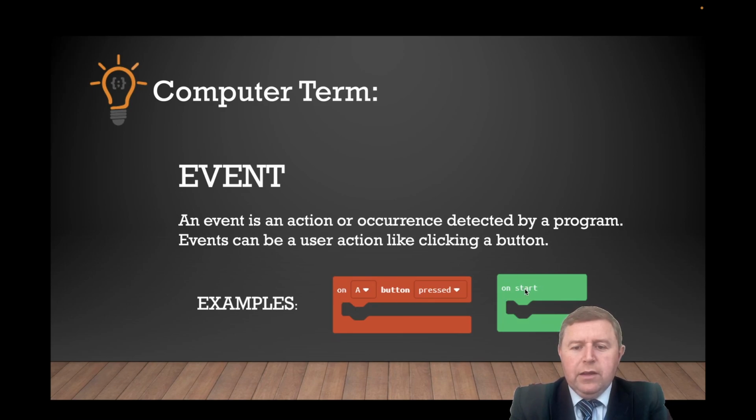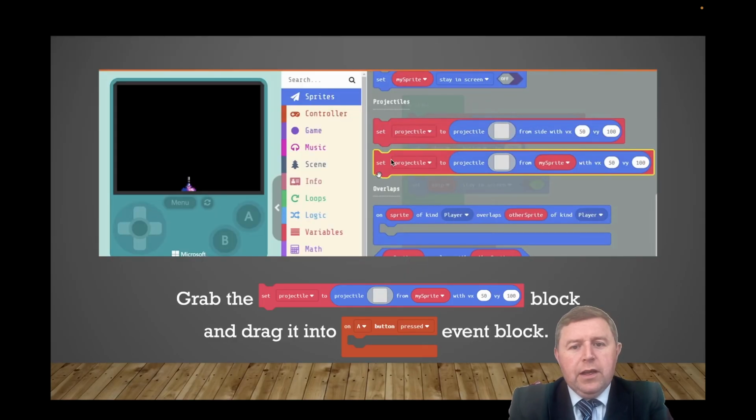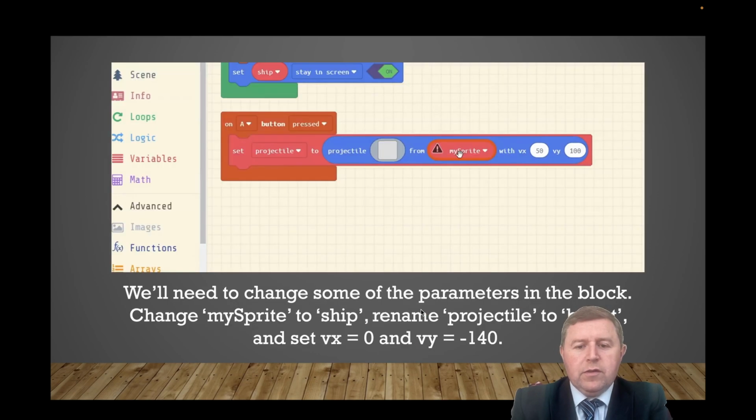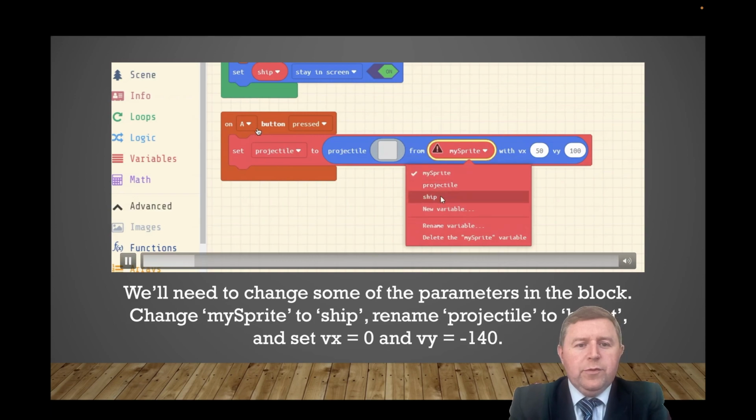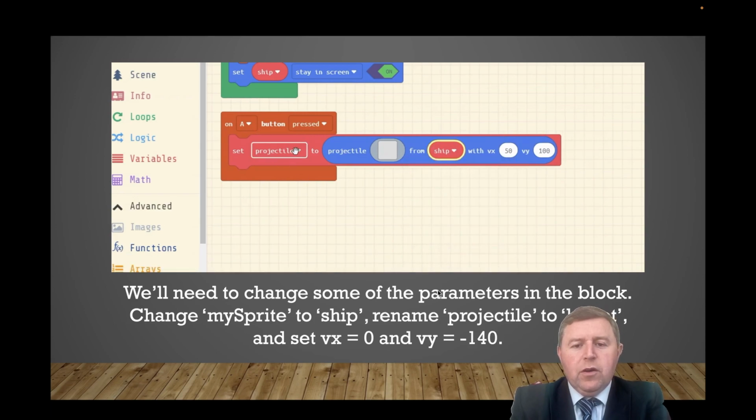This is an on event as well, the start. So whenever the game starts, this one gets called first. And then this one's called, so we're looking for an input here. So computers need input, process, and then output. So let's see. We're going to get the projectile here, and we're going to grab this one and place it into this box.